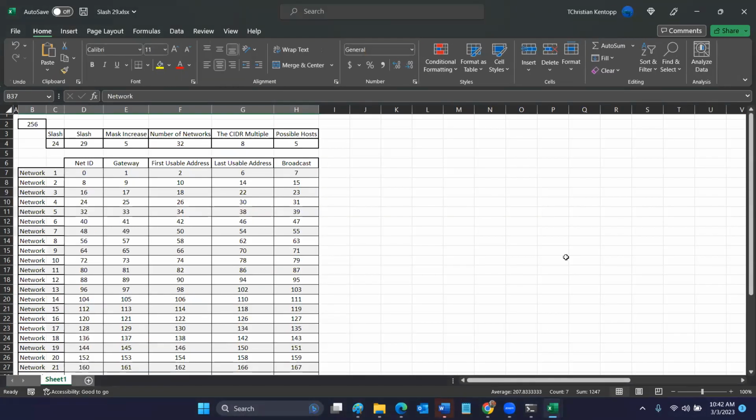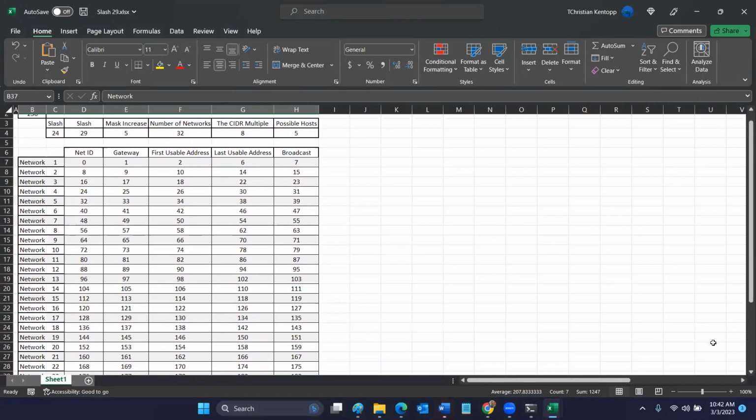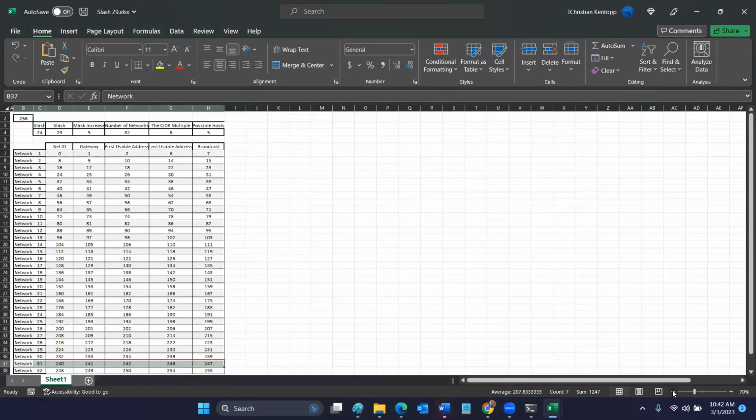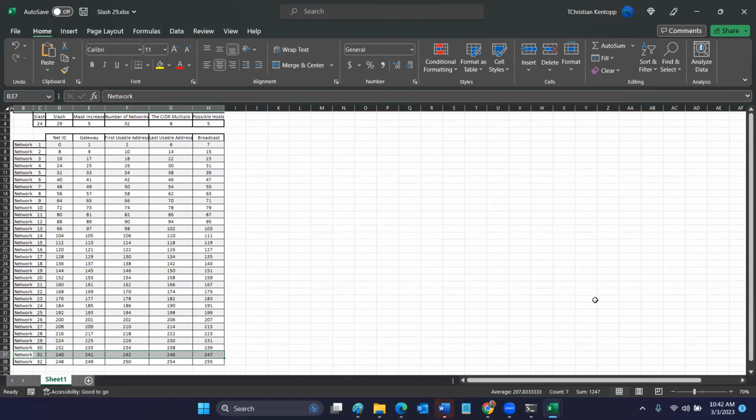Where's my /29? Oh, there it is. Everybody see this? So I'm increasing from a /24 to a /29. I know it's getting smaller. The mask increase is 5. What's 2 to the 5th? It's 32. I'm creating 32 networks out of the address space where only one network existed before. It's much more efficient. It's much more defendable.